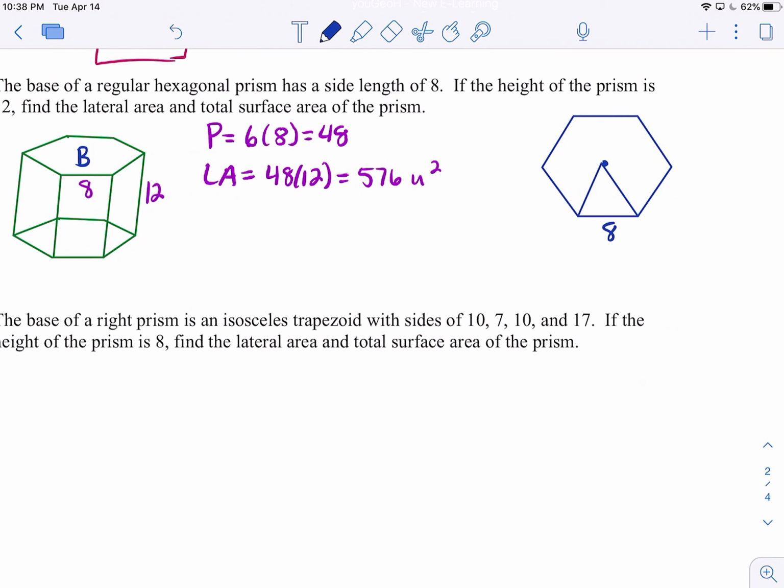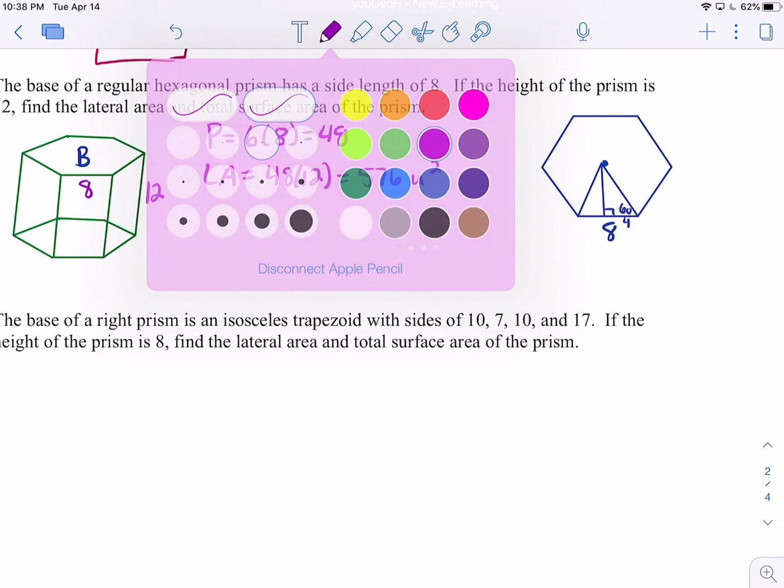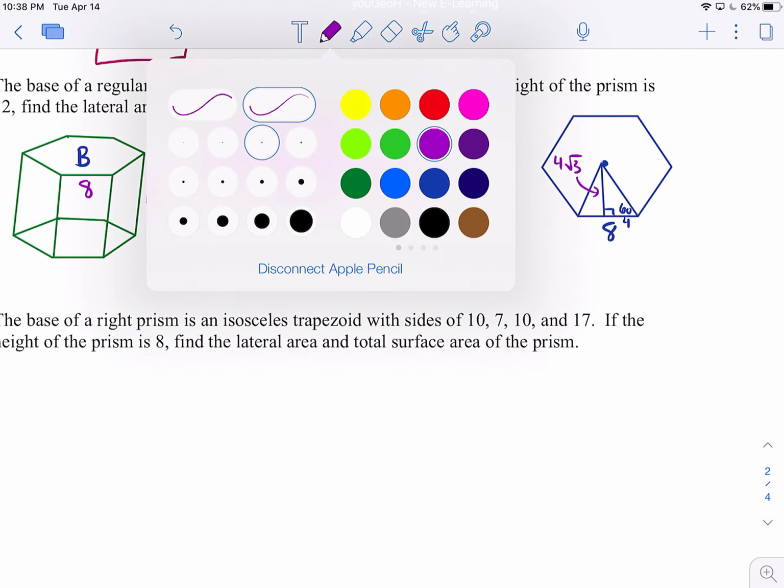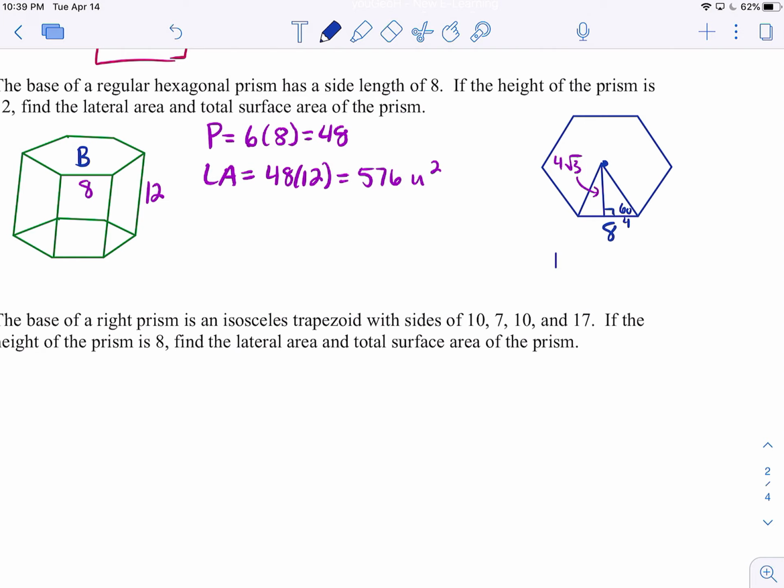I'm actually going to figure out my apothem. This is 60. This is 4. That makes my apothem come out to be 4 root 3. So for the area, this would be 1/2 of the apothem, 4 root 3, and then we already found the perimeter.